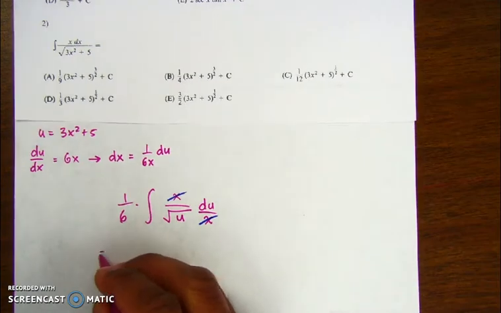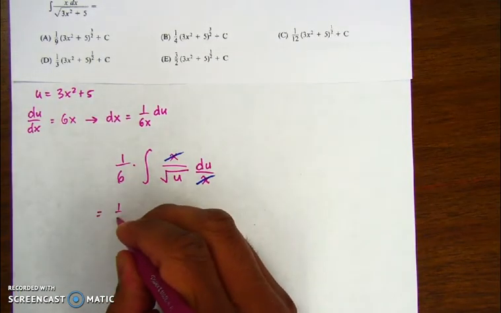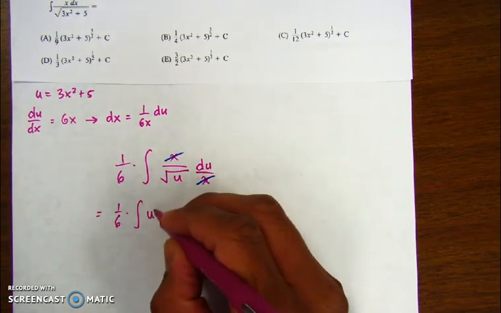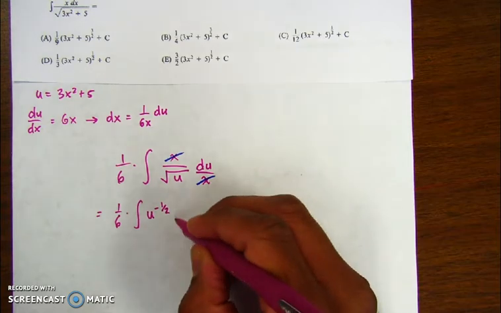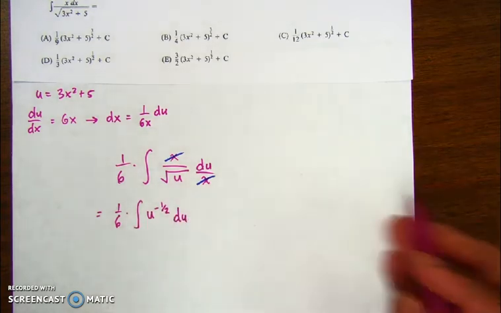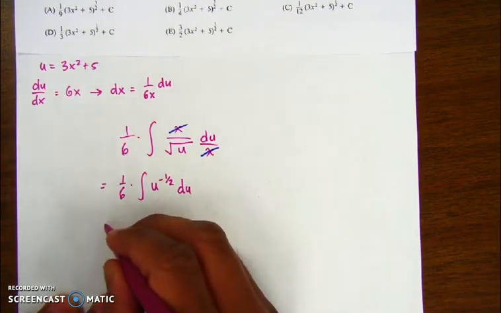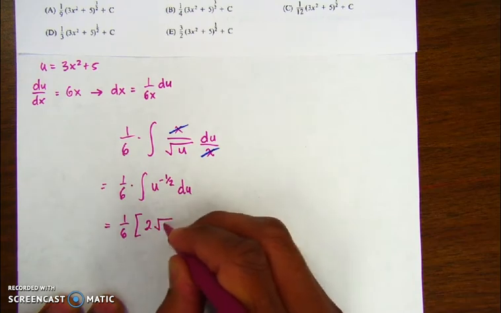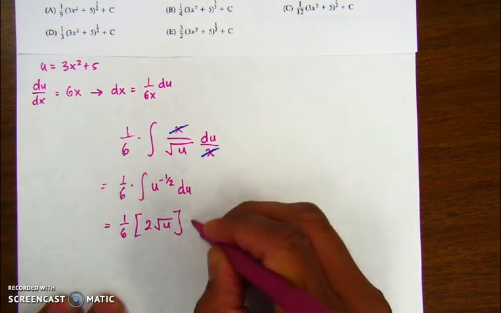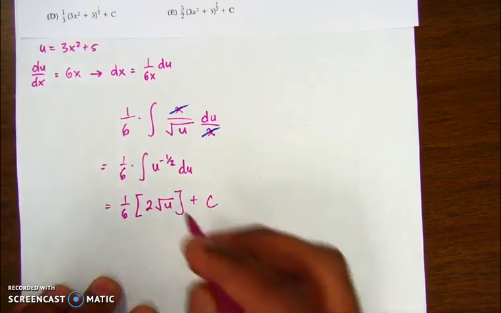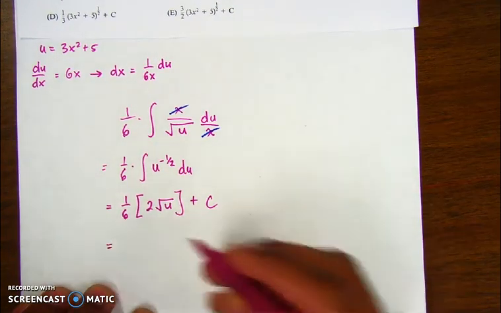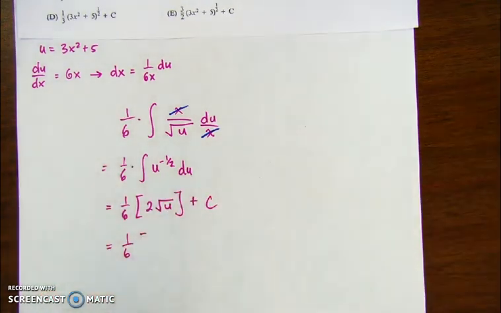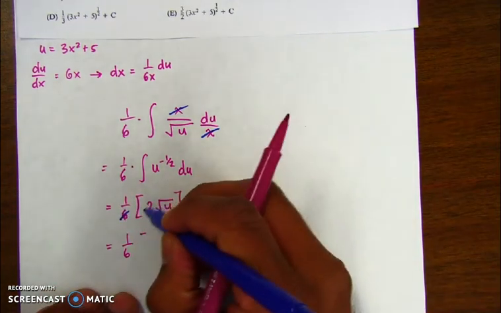and this is the same as integrating 1/6 times the integral of u to the negative 1/2 du, which is 1/6 times 2 radical u plus c. So that should be d after u. Oh, you need to cancel out the 6 and the 2, or simplify.